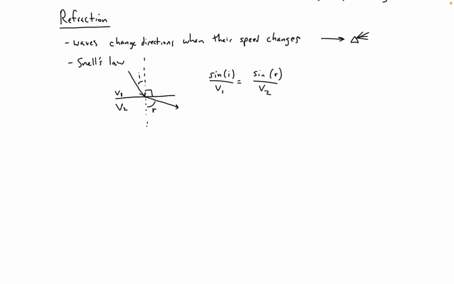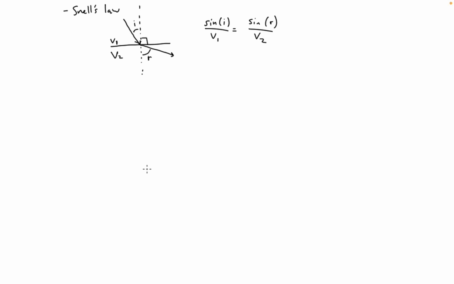And so why does this happen? If we think about a train, so this would be like a wave crest here.